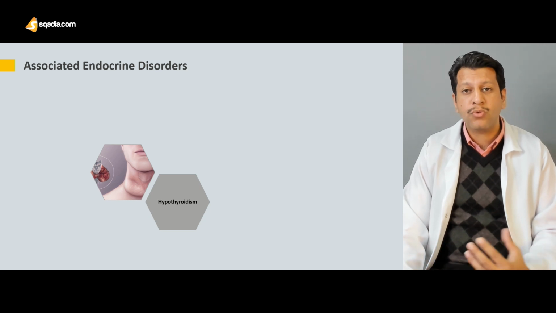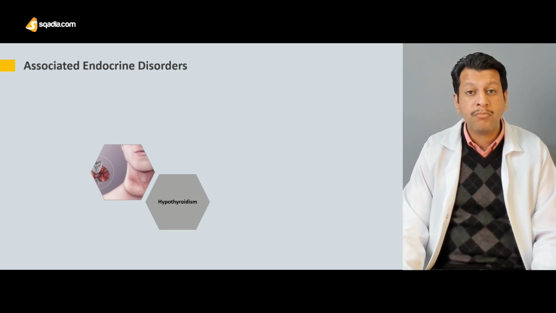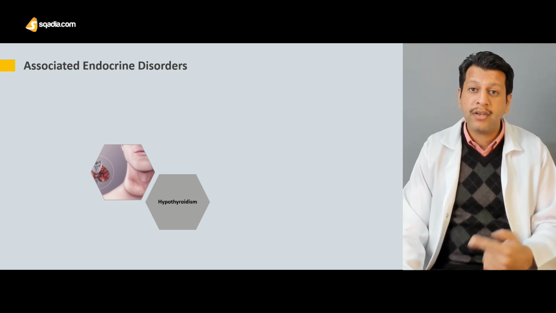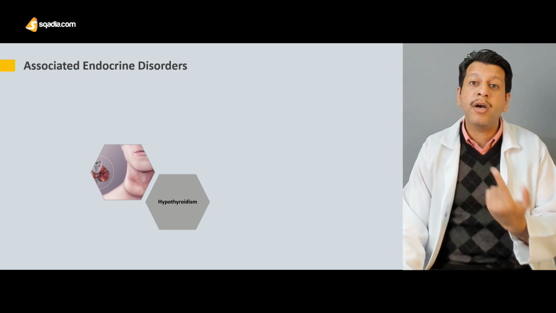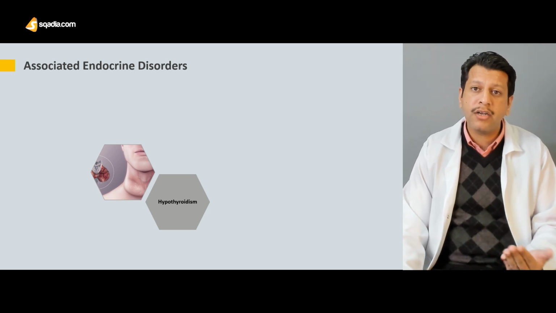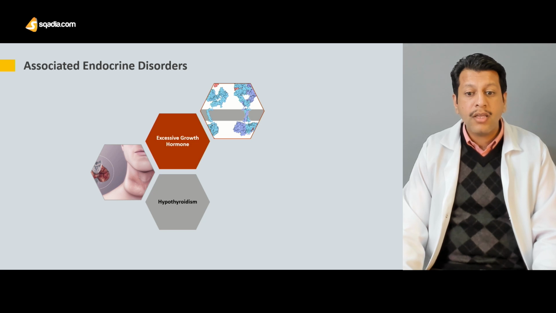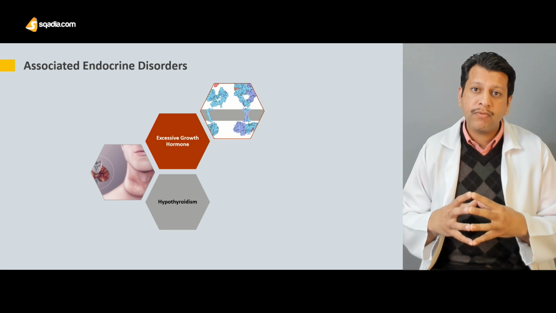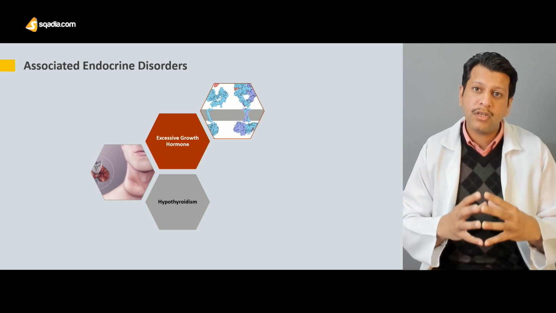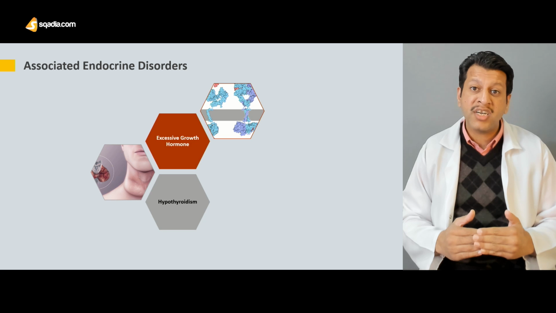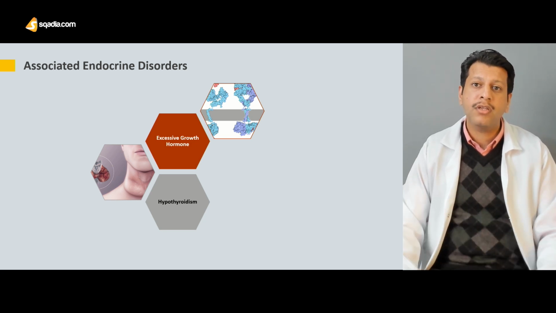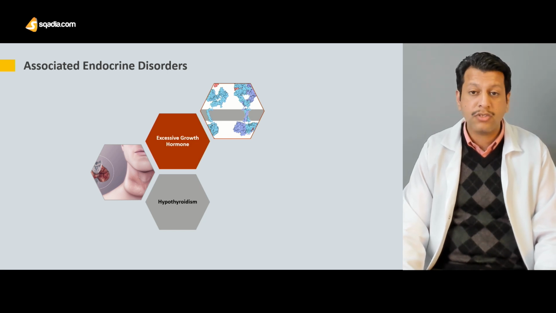The associated problems include hypothyroidism, because hypothyroid patients have increased body habitus and increased weight, therefore it increases the biomechanical stress, which leads to increased slip. Similarly, excessive growth hormone deficiency leads to stunted growth, and stunted growth leads to contractures, eventually leading to increased chances of slip at the hip joint.